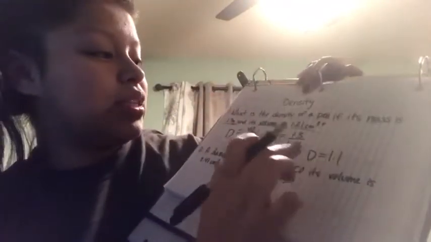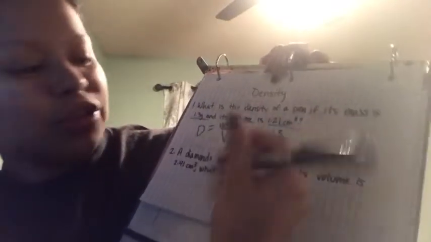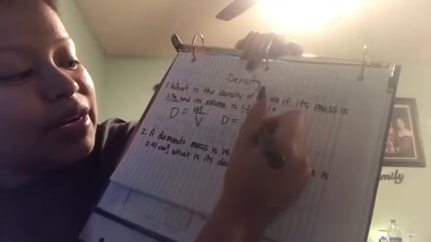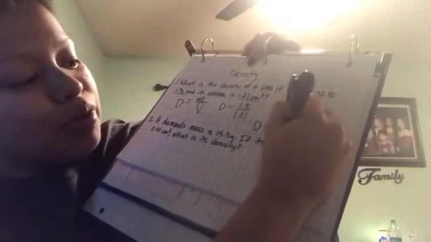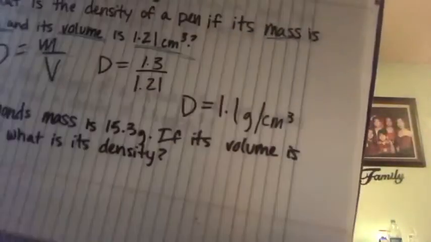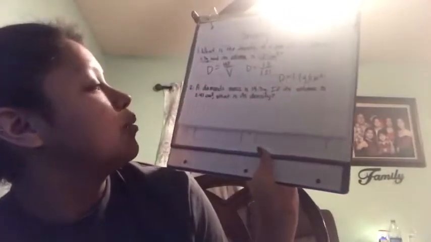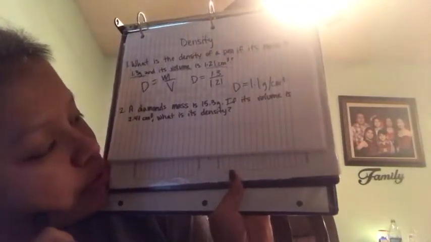Since it's density, and we divided the grams by the centimeters cubed, we put grams divided by centimeters cubed, like that.